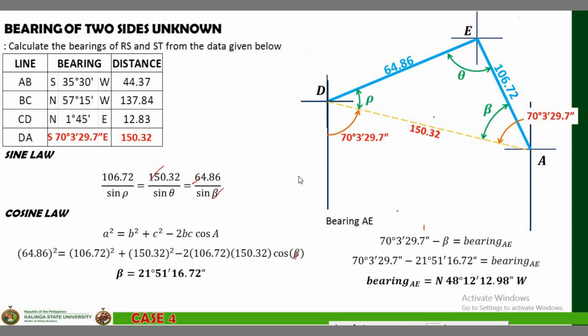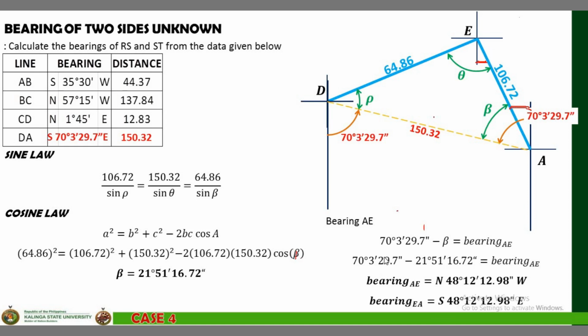Now, you have to take note of the direction. My direction here is from north going to west. Now, the problem asks for the bearing of EA. So for EA, if this angle here is 48 degrees 12 minutes, this angle is the same as 48 degrees 12 minutes.